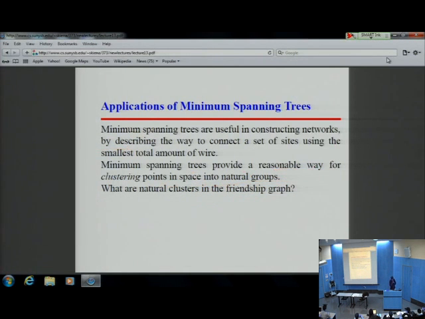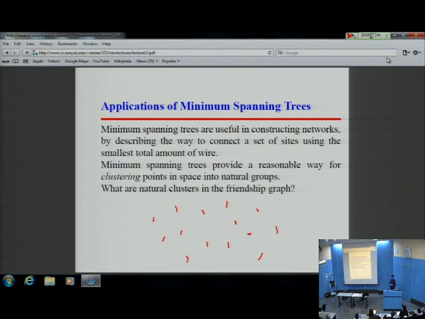So why is it that people care about minimum spanning trees? The original reason has to do with trying to connect, let's say you work for the phone company. Here we've got a bunch of points representing houses.